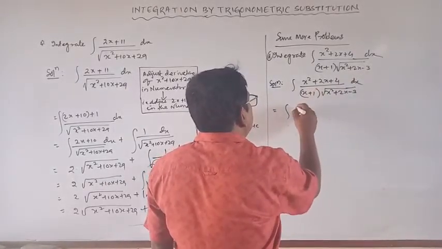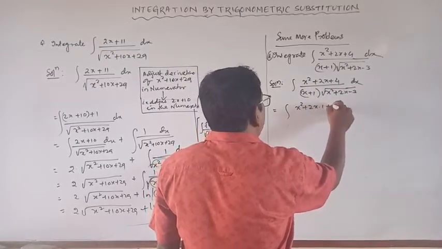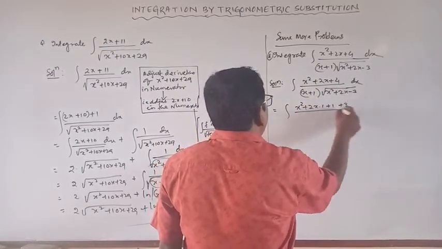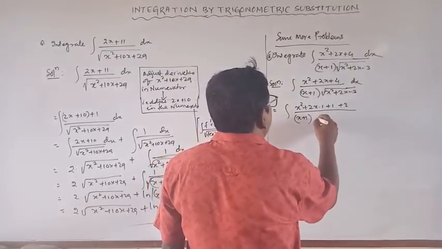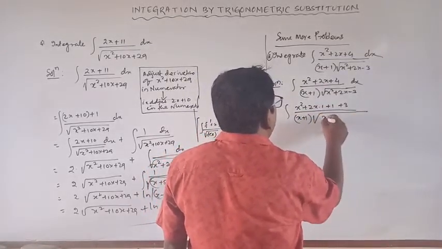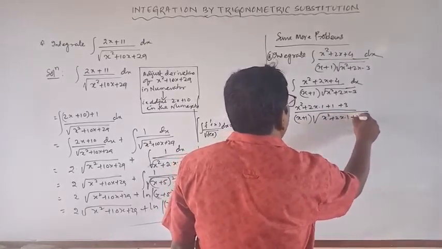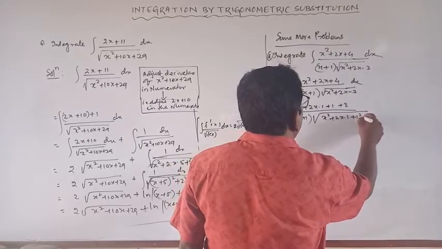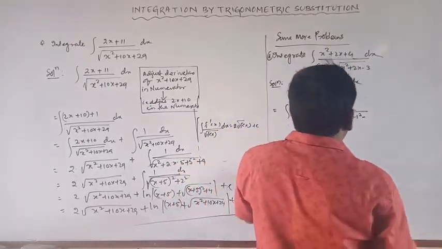This can be written as x square plus 2x into 1 plus 1 plus 3 divided by (x plus 1) whole square, and this is also written as what? x square plus 2x into 1 plus 1 square minus what? Minus 1. Minus 1, this is minus 4.